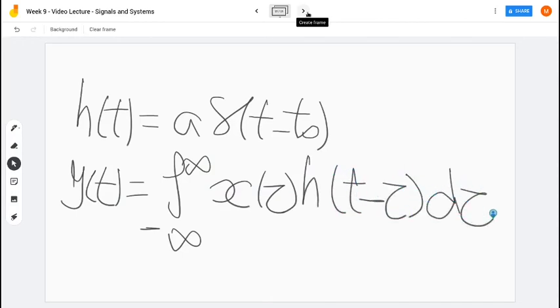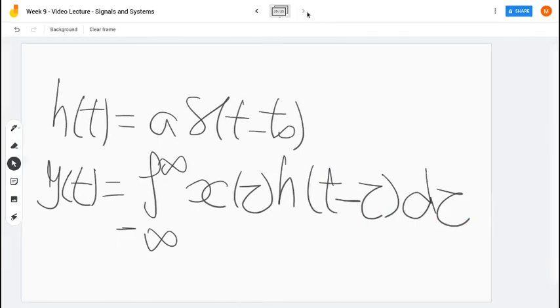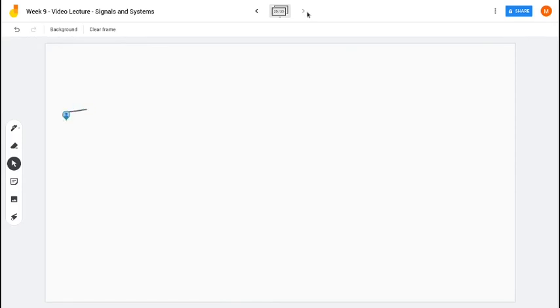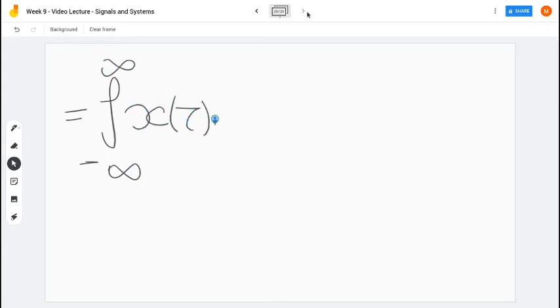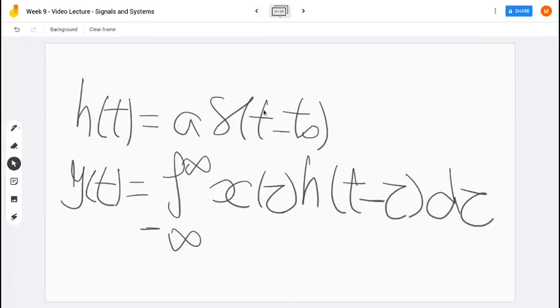So in order to evaluate this, it would be the integration from minus infinity to positive infinity of x of tau, which we do not know, times h of t minus tau. If h of t is a delta of t minus t naught, h of t minus tau would be simply replacing every t with t minus tau.